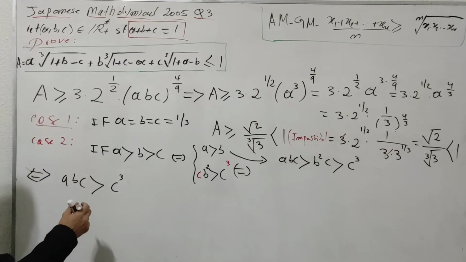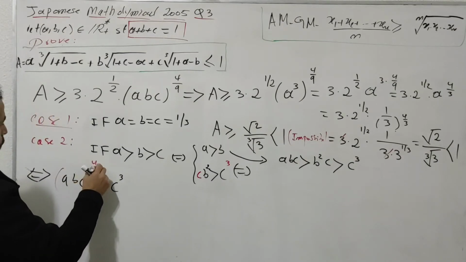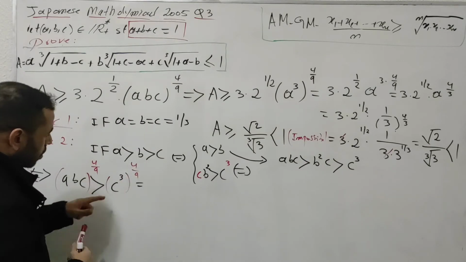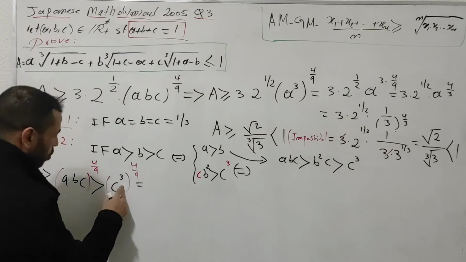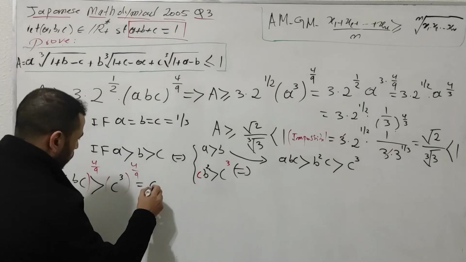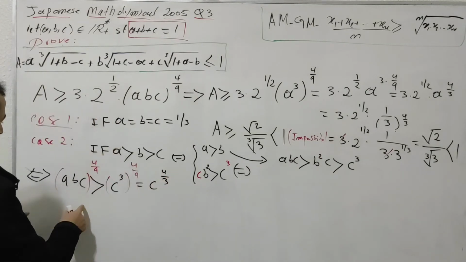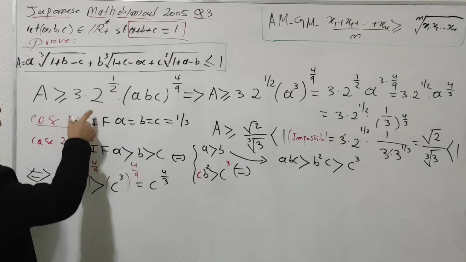What I'm going to do now, I'm going to raise 4 over 9 as an exponent on both sides. I will have some simplification here in the exponent. I will get C to the 4 over 3. I'm going to multiply both sides by this number.